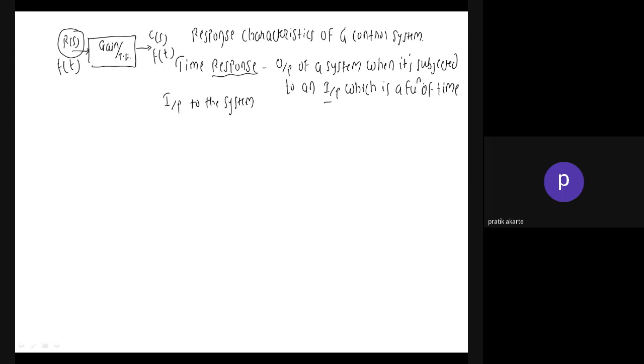Now, what happens after that? The motor of the elevator starts moving. Whatever motor is installed, that motor starts rotating, moving the cart in the upward direction.